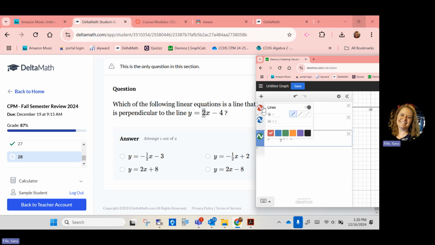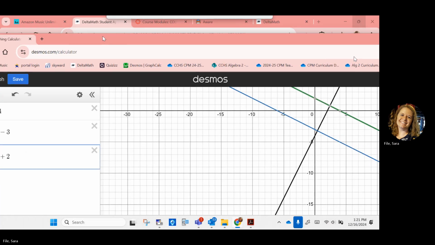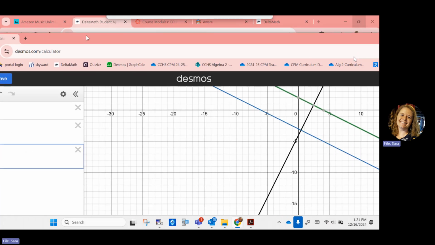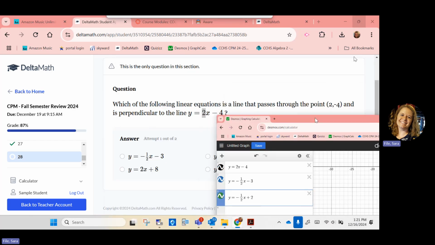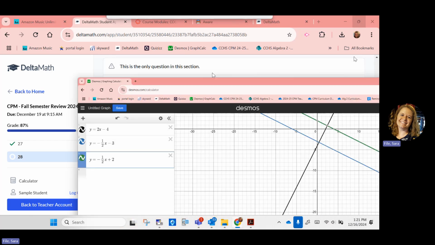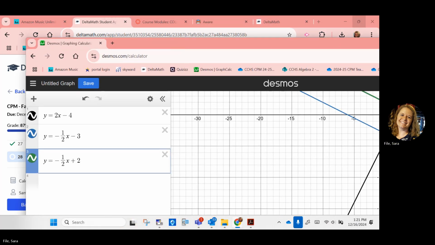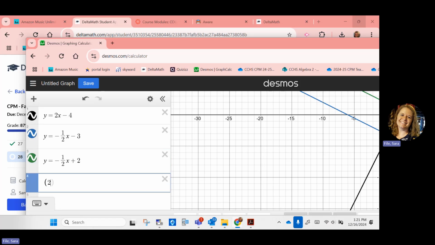So I'm going to make the original one black, and I'm trying to see, is this blue one or green one the perpendicular line? Ooh, those both look pretty perpendicular. So now which one goes through the point 2, -4? Okay, so I'm going to just put the point 2, -4 on here. I'm going to see, and you can make it whatever color you want to make it.